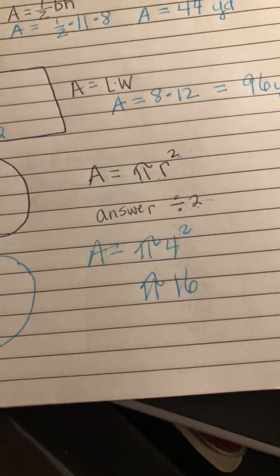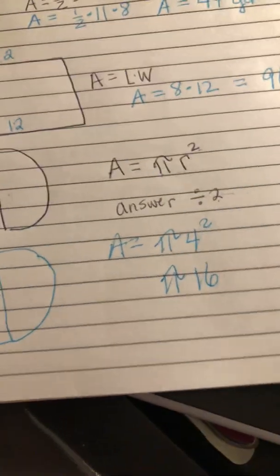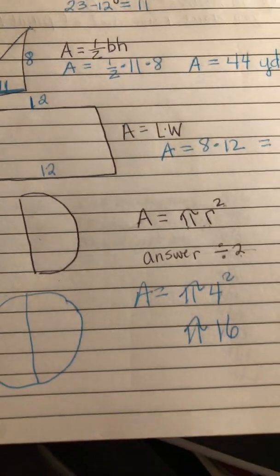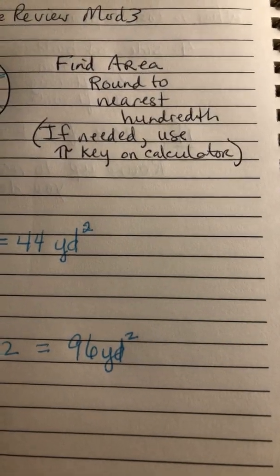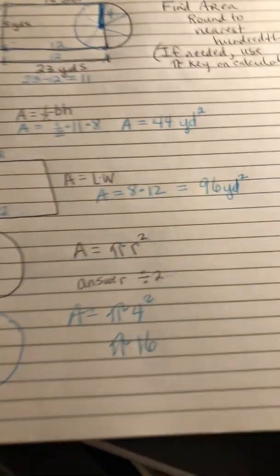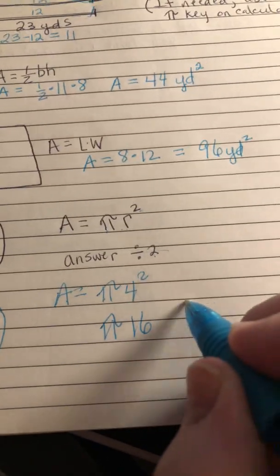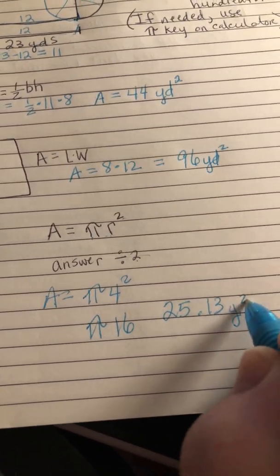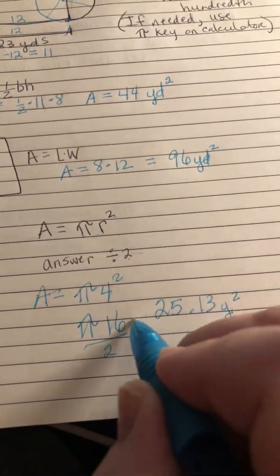And then we only want half of that because we only have half of a circle. So we're going to divide it by 2. So we end up with 25.13274. And the direction said round to the nearest hundredth. So we'll take that answer as 25.13 yards squared, because we took this and divided it by 2 to cut it in half.